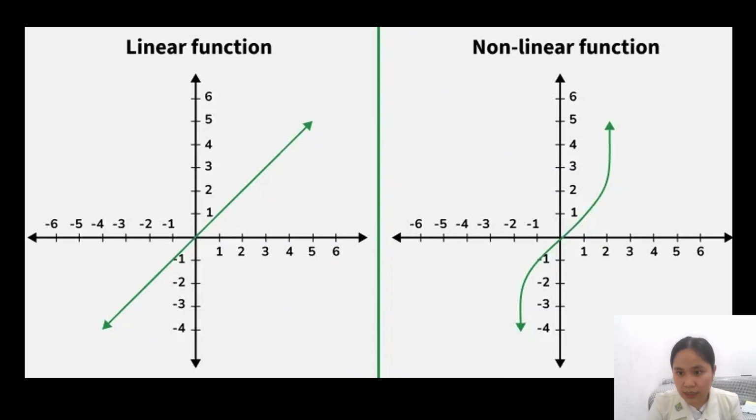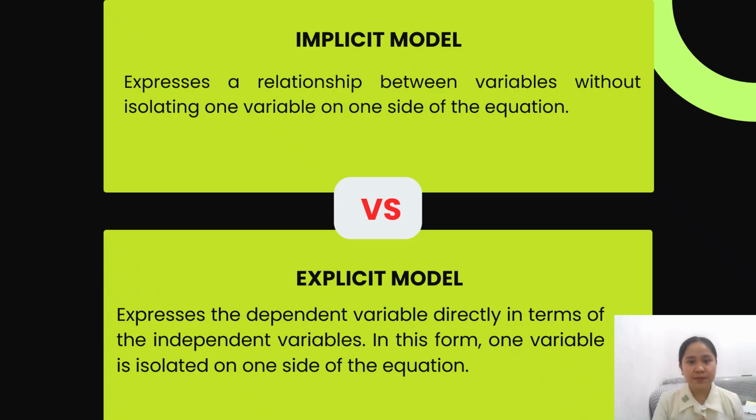So, next model. The next model is implicit versus explicit model. So, ano nga ba yung implicit? It expresses a relationship between variables without isolating one variable on one side of the equation. In this model, the equation shows a relationship between variables but no single variable is isolated on one side.